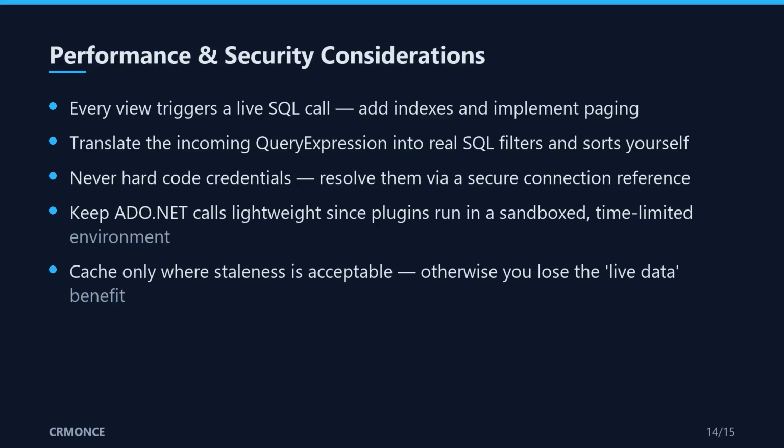Otherwise, search and sort in views simply won't work. Third, never hard code credentials. Always resolve them through a secure connection reference like we did. And finally, keep your ADO.NET calls lightweight, because plugins run inside a sandboxed, time-limited execution environment, and a slow join can cause a timeout error for your users.